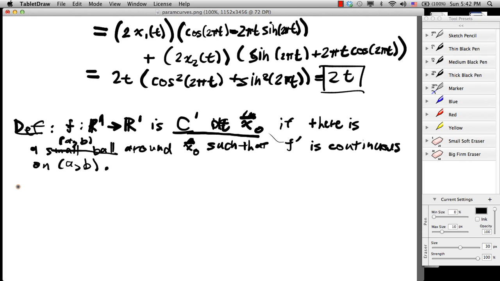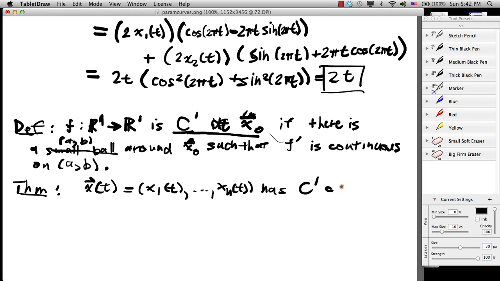And so theorem: suppose x of t equals a bunch of the coordinate functions, has C1 coordinate functions at a point t naught. So we fix a point t naught, and we ask that the derivative is continuous near t naught for each of the coordinate functions.